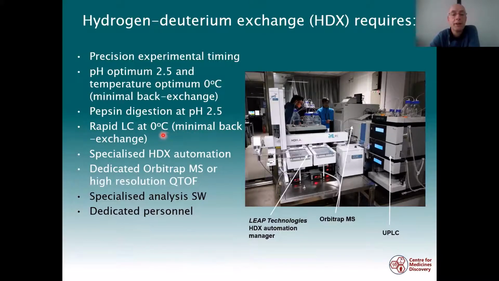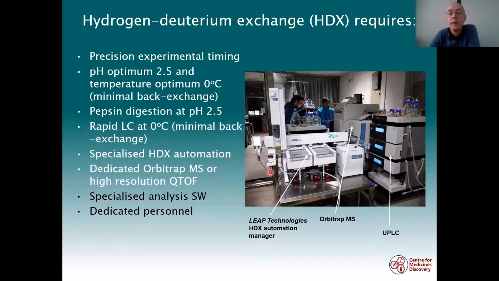Rapid LC at 0 degrees, as I said, is rather difficult. All this really is achieved with automation. And if you want to, you can do this with a stopwatch and putting your LC column in crushed ice. But it's not really very reliable. It's much better to do this with specialized hydrogen-deuterium exchange automation.